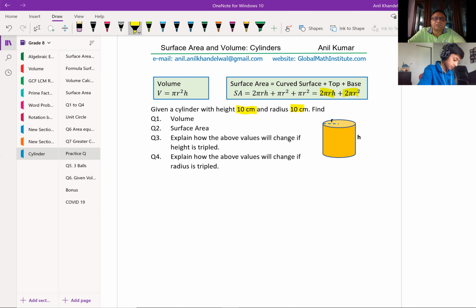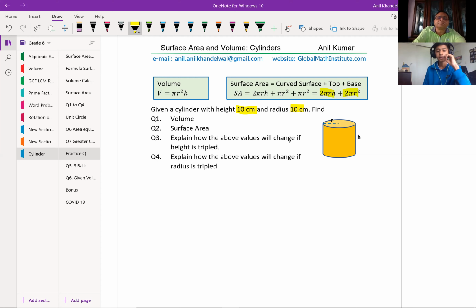Now, let us discuss question number 3. Explain how the above values will change if height is tripled. So if height is tripled, then how many times will be the volume? Will it be 3 times, 6 times, 9 times, 12 times?